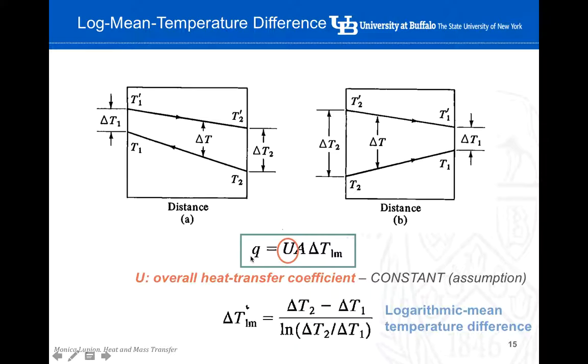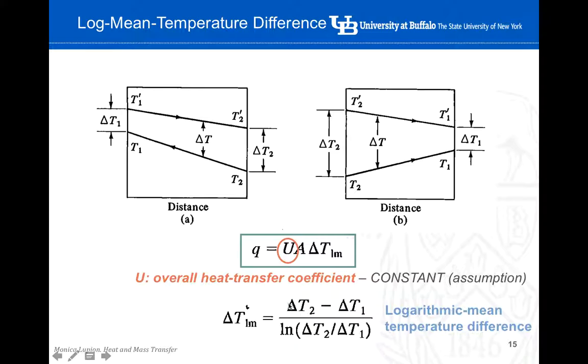The heat rate is equal to the overall heat transfer coefficient times the area times something that we define as the logarithmic mean temperature difference. And this log mean temperature difference is defined as delta T2 minus delta T1 over the natural log of delta T2 over delta T1.